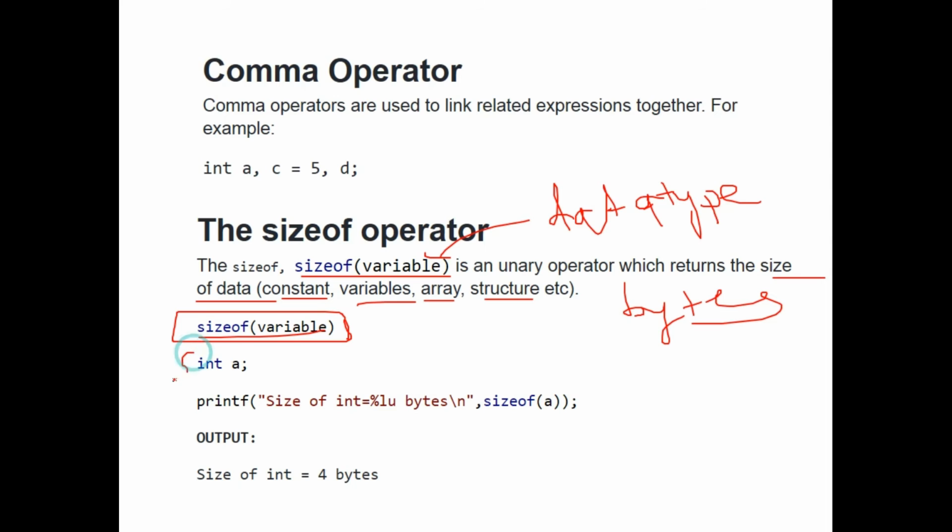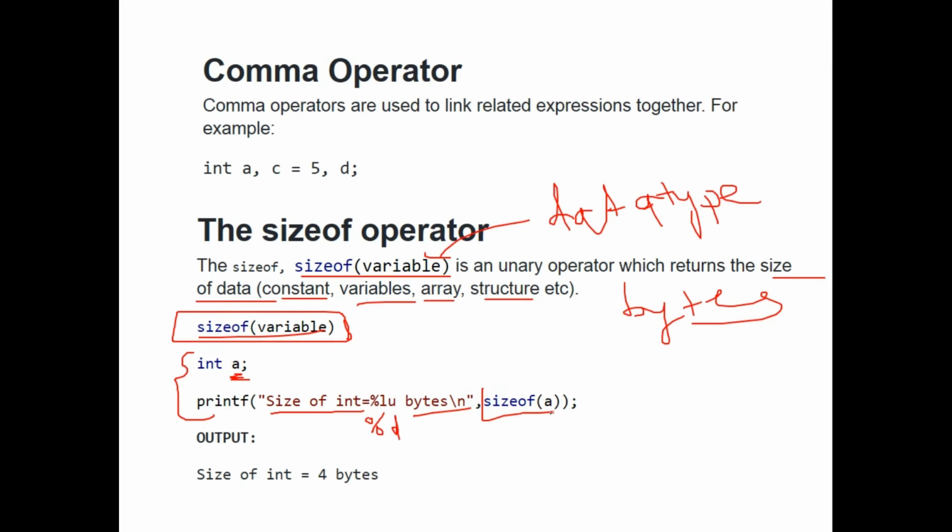Just look at a simple example where we have declared the variable int a. Now a is an integer type variable, and here we are printing sizeof(int) equal to %lu bytes. You can also take %d here.